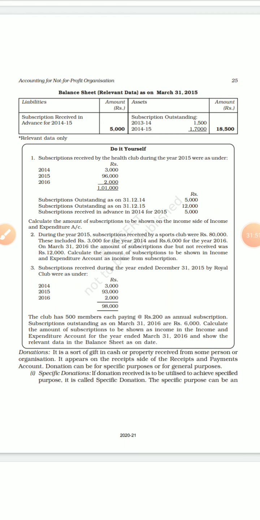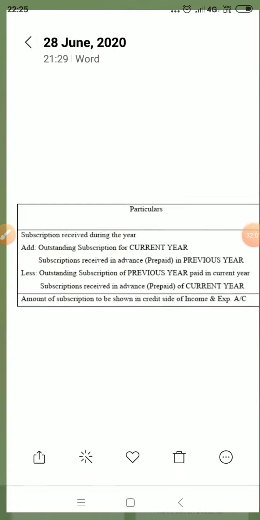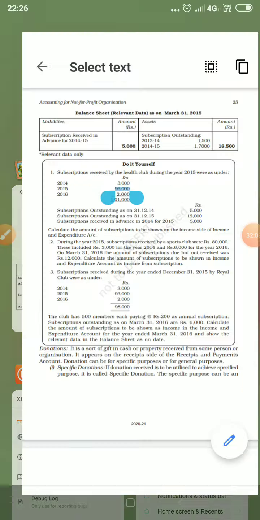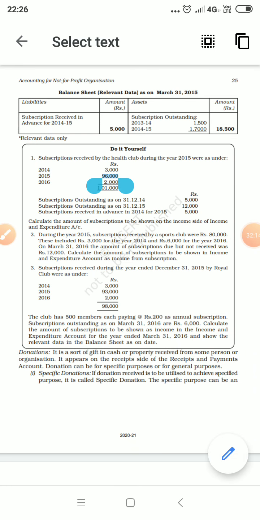Whenever you have subscription in split up of 3, take only the current year, 96,000. It is an easy formula. However, if you are getting confused with this formula, you can use the other formula. All the items can also be shown, children. Either way it is correct. This is the full-fledged method and this is the shortcut method. So you have to take only 96,000.